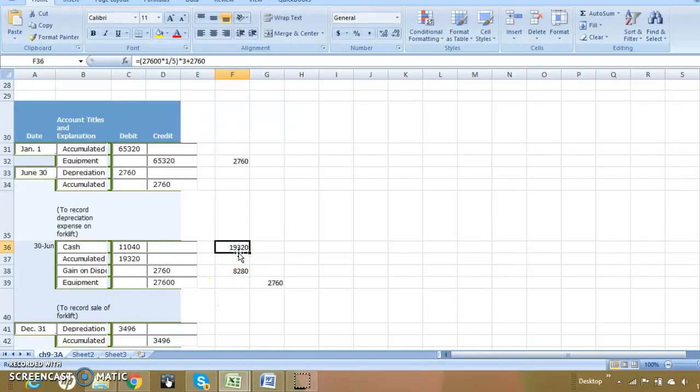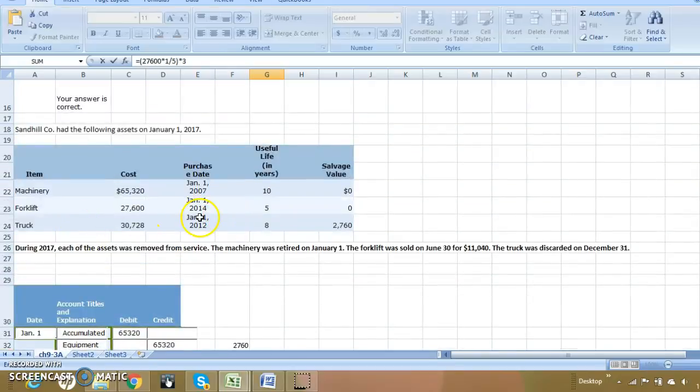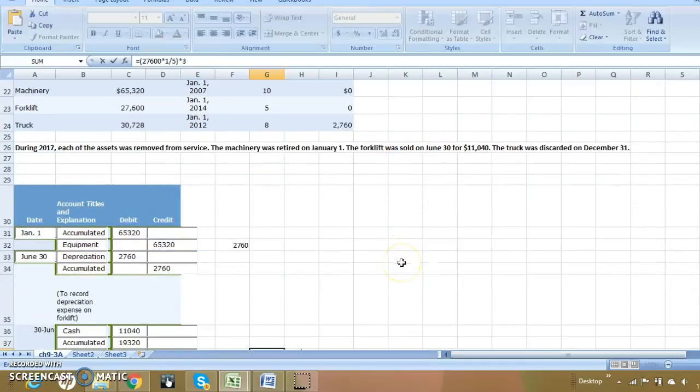To do that, we take the cost of the forklift, 27,600, times the useful life, 1/5, times 3 years, because from the time it was acquired, January 1st, 2014, to 2017 is 3 years and 6 months.